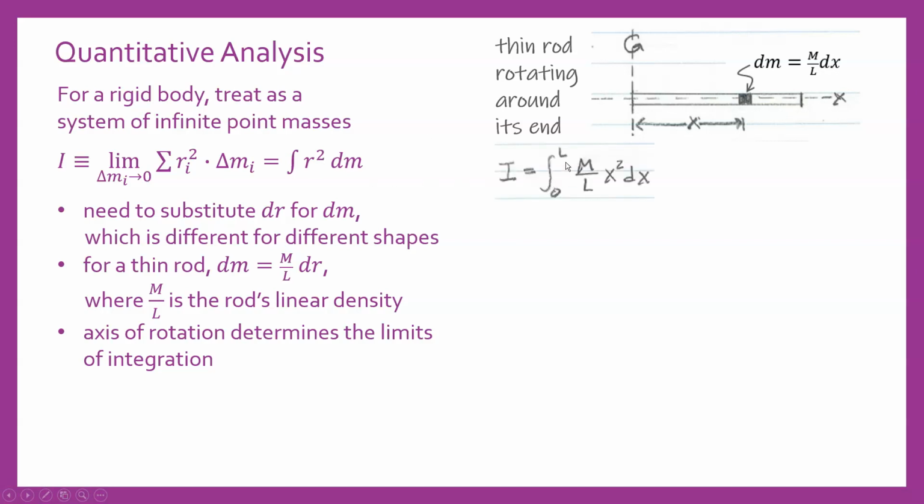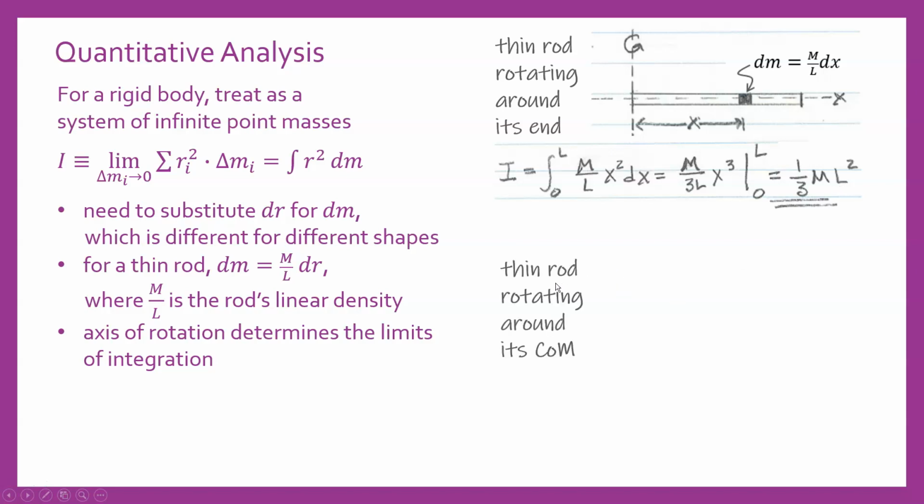Our integral is m over L x squared dx, and our limits of integration are from 0 all the way to L. So we go ahead and solve this integral, and we find out that the rotational inertia for a thin rod rotating around its end is 1/3 its total mass times its total length squared.